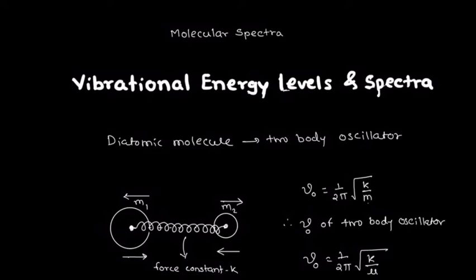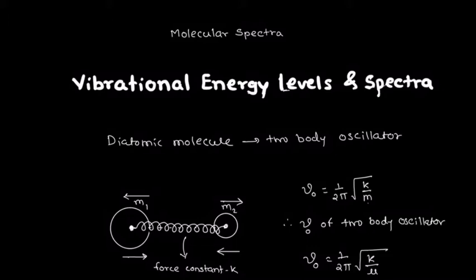Here we explain the next point, the vibrational energy levels and vibrational spectra for a diatomic molecule. Such a diatomic molecule can vibrate or oscillate, and it can also rotate.